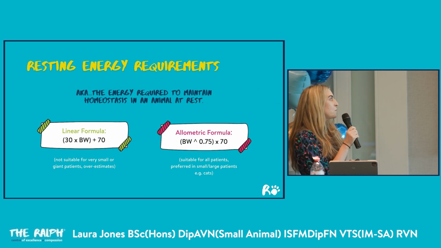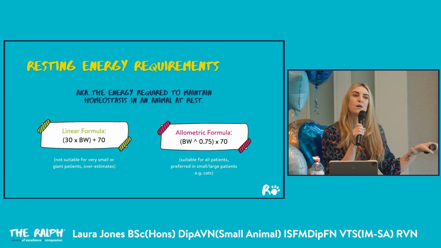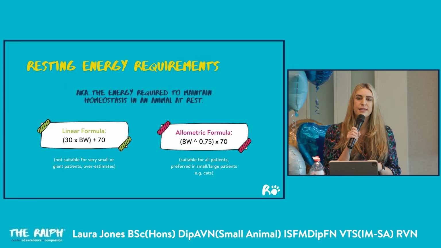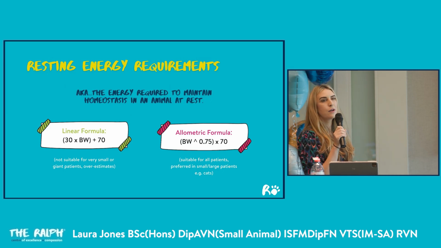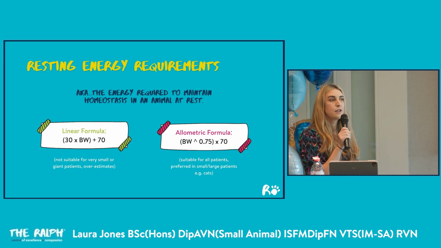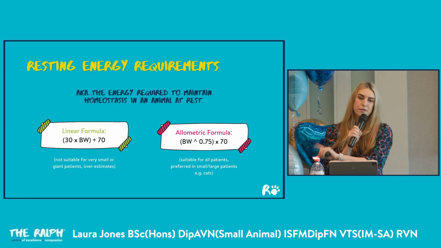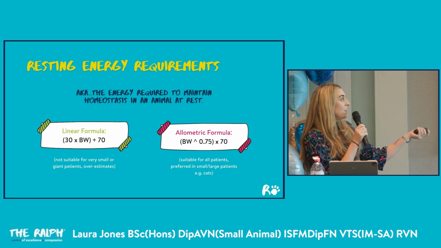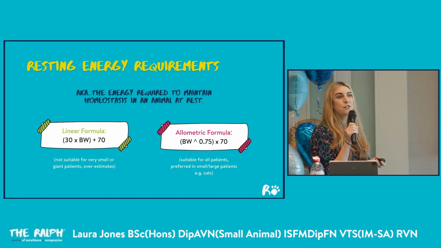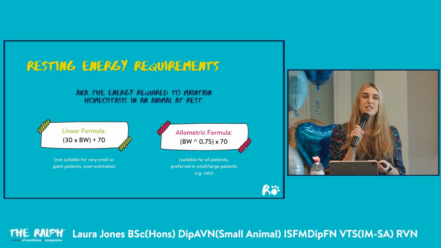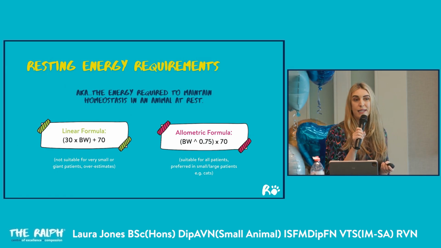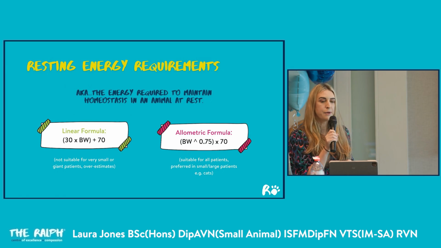There's also this one, which we're generally tending to use more often now, which is the allometric formula. And this is body weight to the power of 0.75 times 70. And all of these calculations are on the little handouts as well. This one I like because it's suitable for all patients, regardless of their size. And so if you only want to remember one calculation, this is the one to remember.